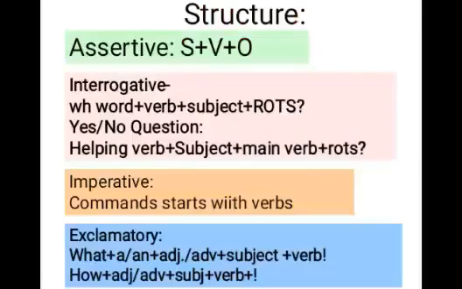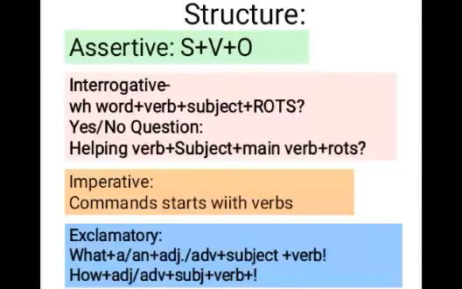Now let's see the structures of different kinds of sentences. First is assertive sentence. Subject plus verb plus object is the structure of assertive sentence, SVO.